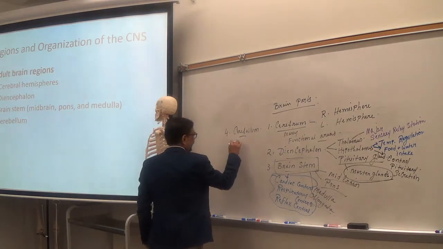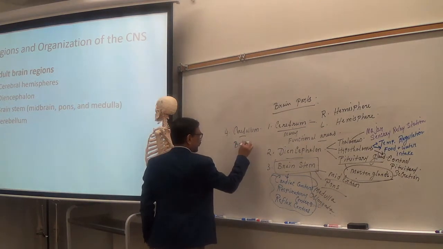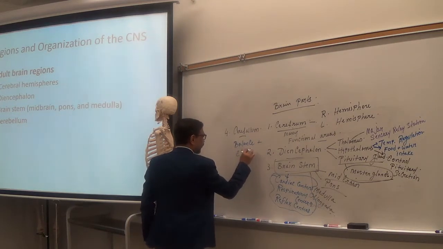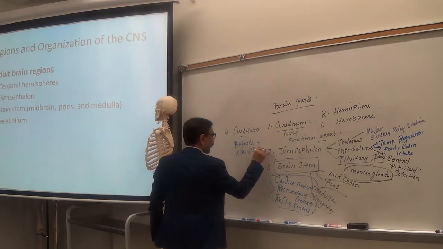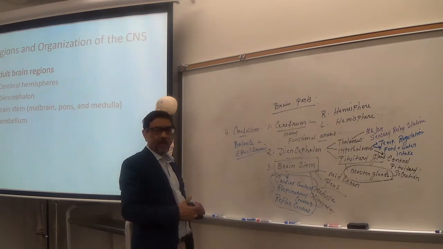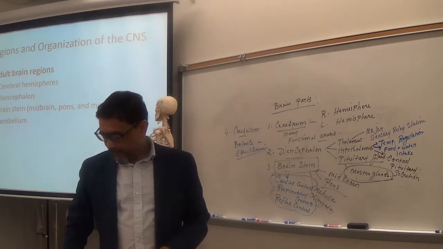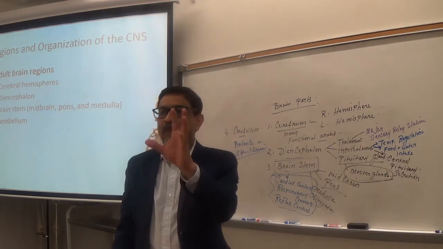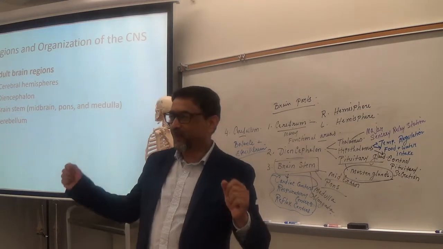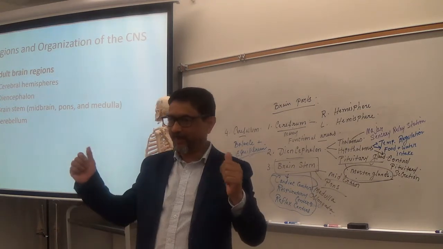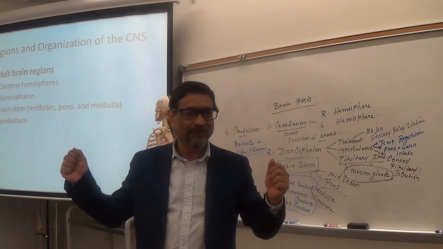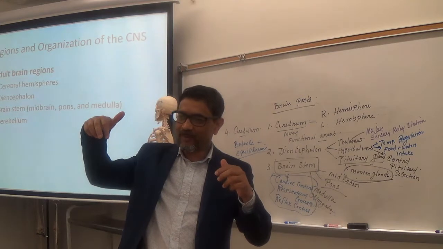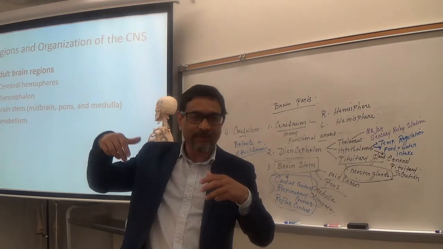So balance and equilibrium is maintained by the cerebellum. To maintain the balance of your body, for example, you have seen in the circus, girls or those people can walk on the ropes, right?